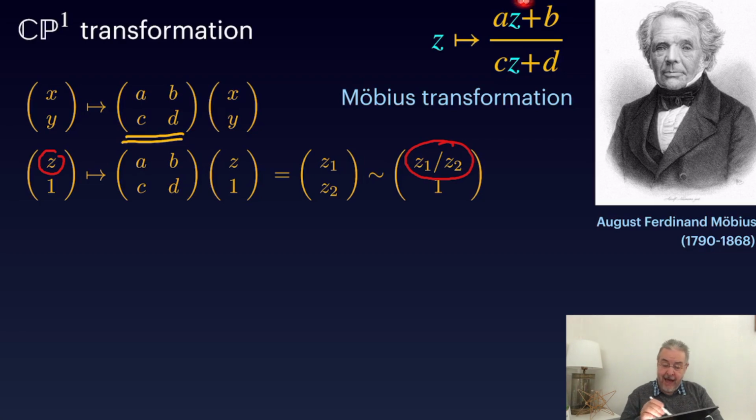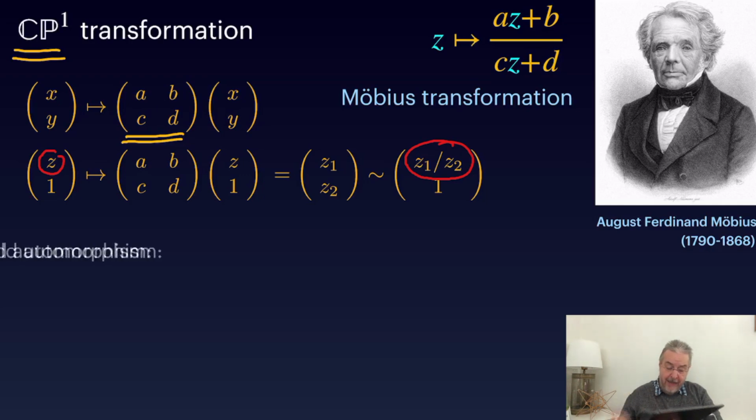This Möbius transformation really pops up in several branches of mathematics. It's, for instance, important also in complex function theory. And whenever you see that expression in complex function theory, you should immediately be reminded that what you're actually doing is a transformation in the space CP1.